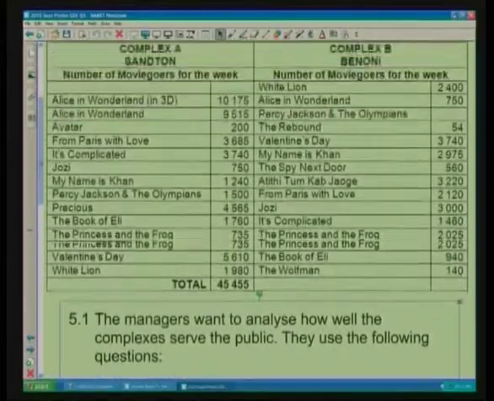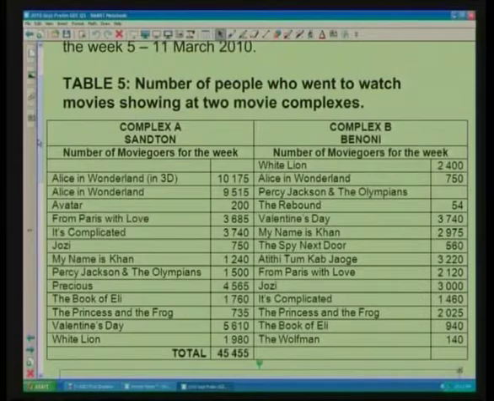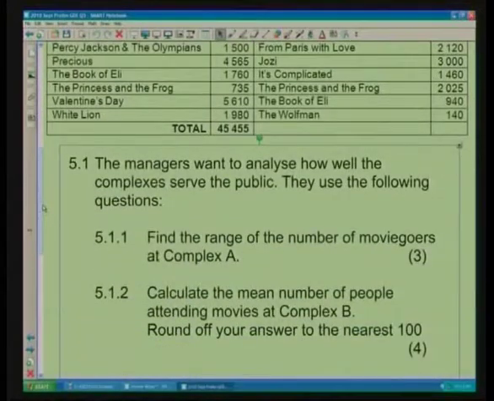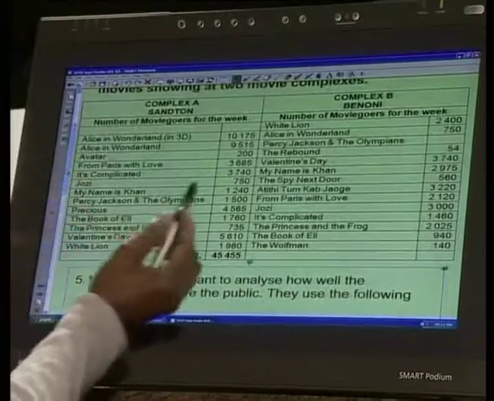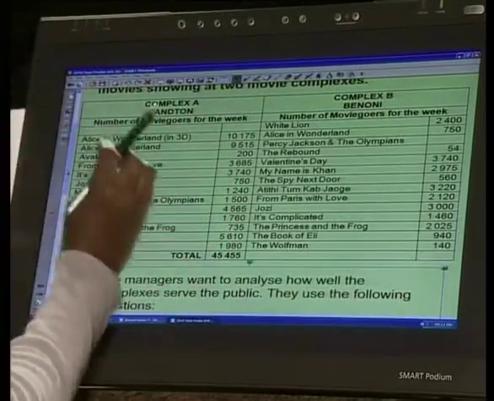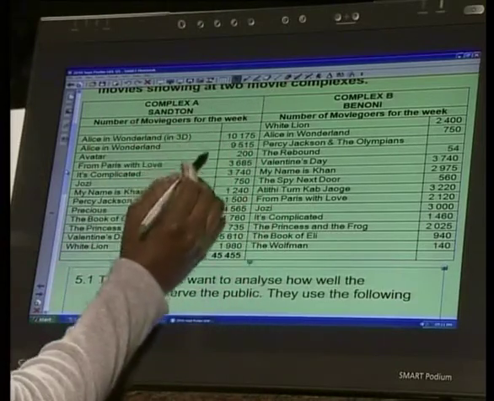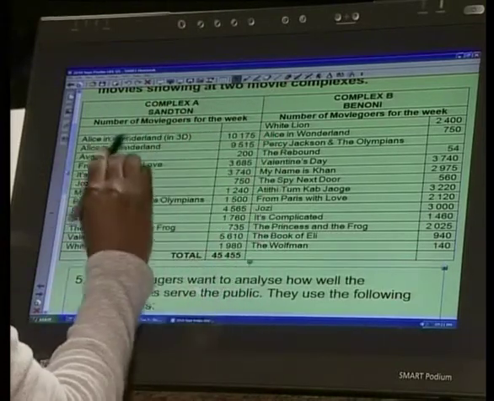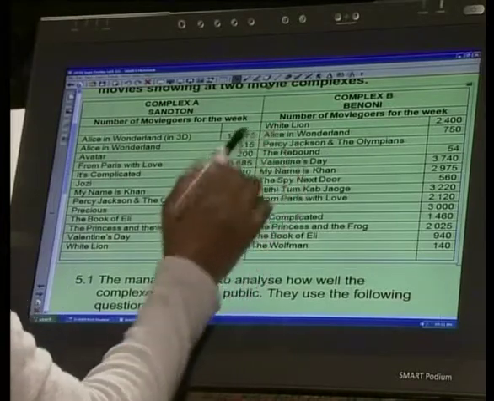But what I want to emphasize here is, it's not been given the way I gave to Ntabiseng, 3, 5, 7, 9. It can be given in a table. So you must find for yourself which one is a bigger number, which one is a smaller number. In this one, Alice in Wonderland is 10,175.